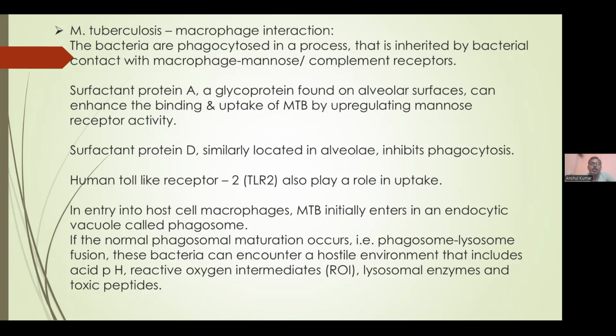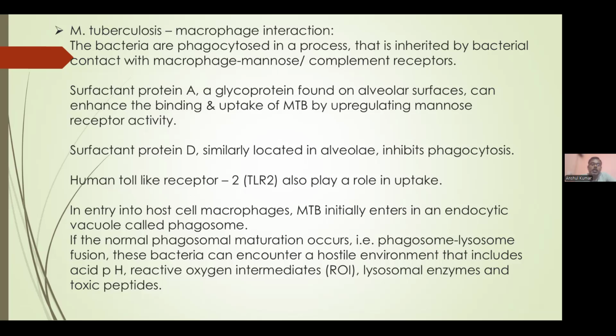Usually the characteristic of Mycobacterium tuberculosis is to escape this phagolysosomal mechanism, and they usually reside in a latent or dormant stage in these phagosomes. We will discuss it later.